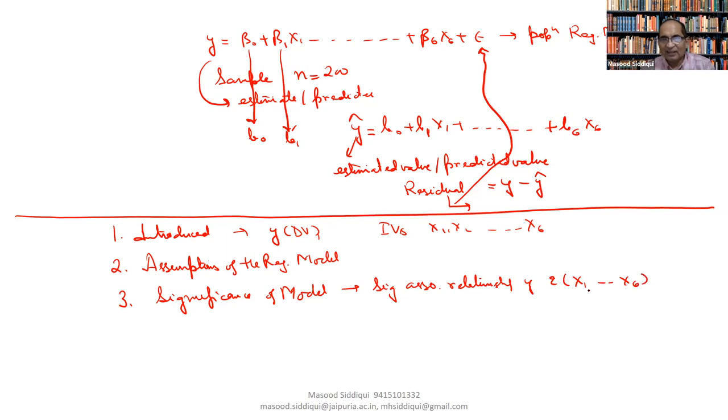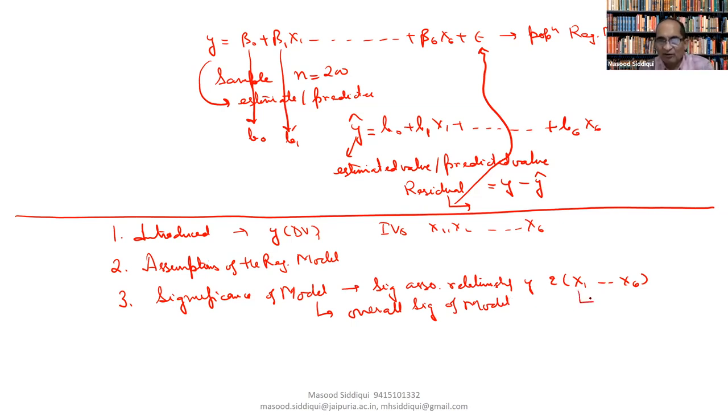This linear combination is known as the regression variate. So first we examine whether the model is significant or not. This is known as the overall significance of the model, that is, whether the model is overall significant or not.